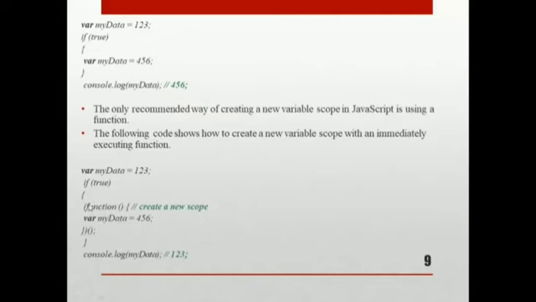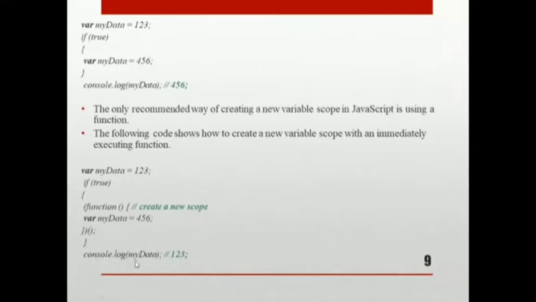Open the bracket, then write function without a function name. The body of that function is variable myData is equal to 4 5 6. Close the body of that function, then close the parenthesis of that function and execute it here. See this opening and closing bracket directly, that means immediately executing this function. Here we create a new scope, then directly execute this function, and after closing this, we close that if statement.